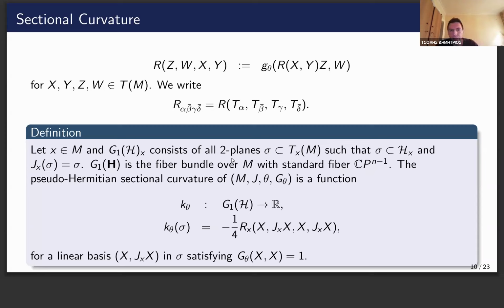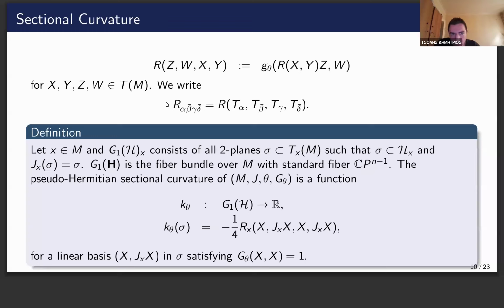We take a point on a manifold, essentially this Sub-Riemannian manifold, and we define G1H as all the planes that are in this tangent space at the point X. And then we can take the union over all those planes, and this gives a fiber bundle, and we can define a function k theta from this bundle to R, defined like this.